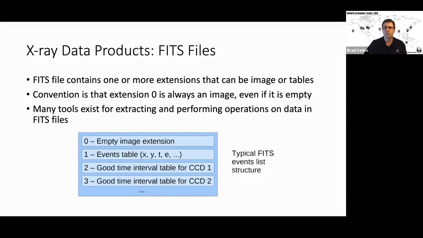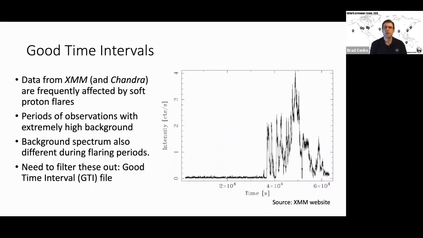So what are good time intervals? Most of the most sensitive X-ray observatories, like XMM and Chandra, are in highly elliptical orbits that take them quite far away from the Earth. When they go quite far away, they go outside of the magnetic field of low Earth orbit, which acts to protect satellites relatively nearby the Earth from incident flux from the solar wind, charged particles flying around our solar system.